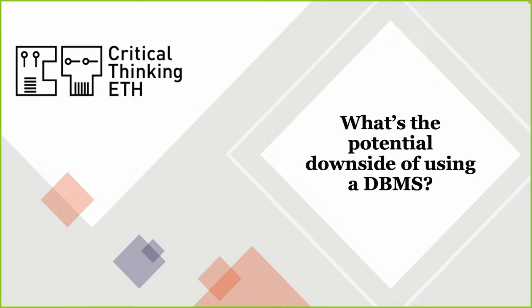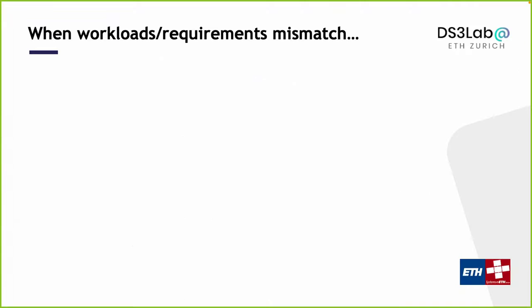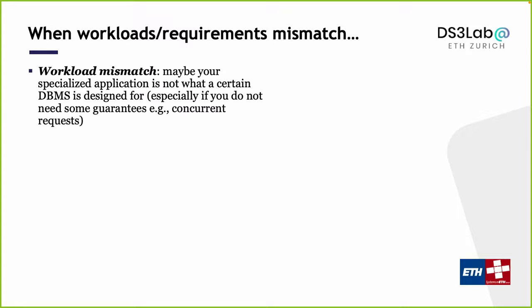What could be the potential downside when you are using a database system that can provide you so many different amazing properties? Well, often it's when you have a mismatch between what you want and what the database provides. And that is actually a special consideration to say, do I really need a database for that? For example, in some applications, you actually do not need all those guarantees.